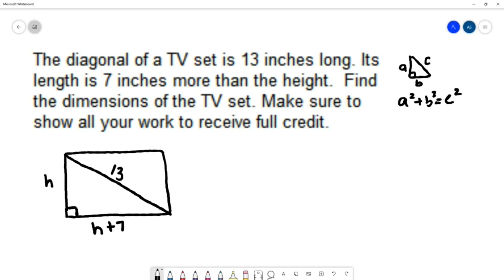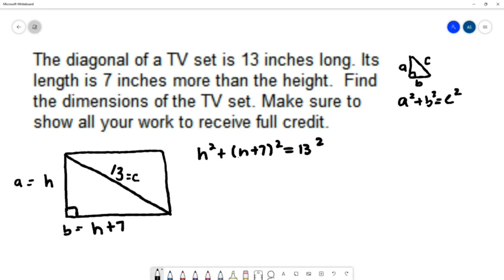So using that formula on our picture would give the hypotenuse being 13 and the legs being h and h plus 7. So we would get the equation h squared plus (h plus 7) squared equals 13 squared.